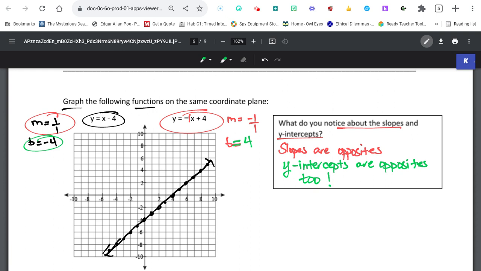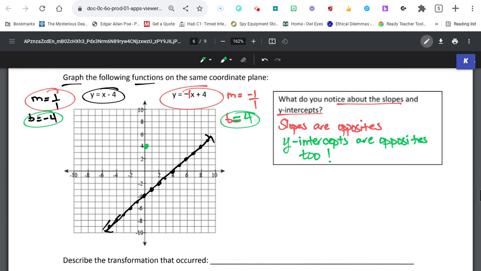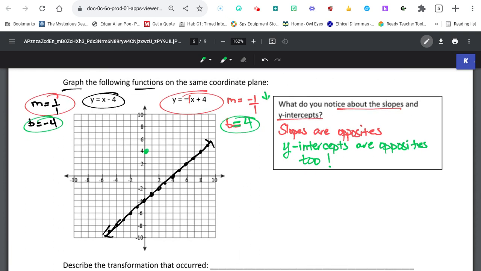All right, let's take a look at what happens. I'm going to begin at 4. And instead of going up 1, I'm going to go down 1 and right 1. Or I can go up 1 and left 1. And I'm going to graph this line.